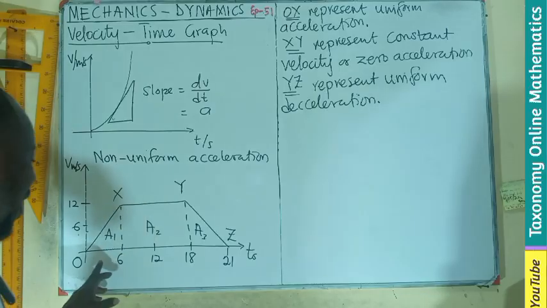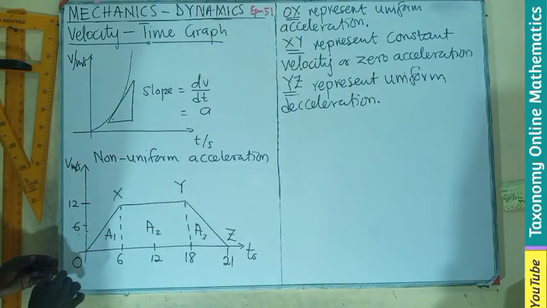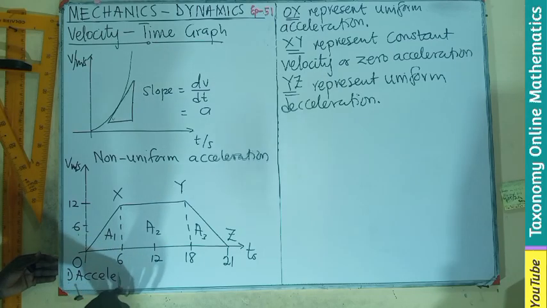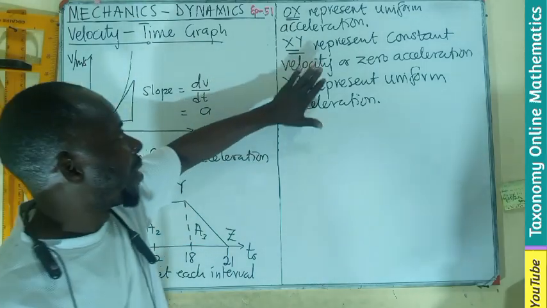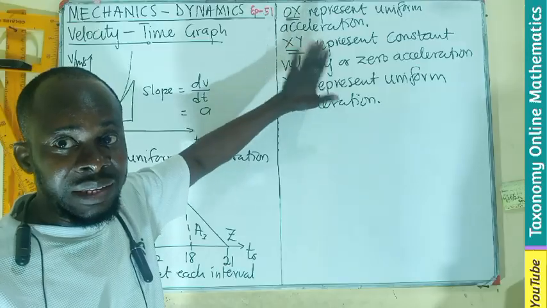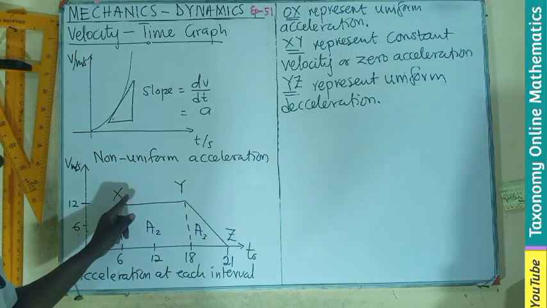Here we will be asked to find the acceleration at each interval. So the acceleration is what we are asked to find at each interval. Remember, we can use this to represent the acceleration at each interval. So from here to here, we can find the acceleration.